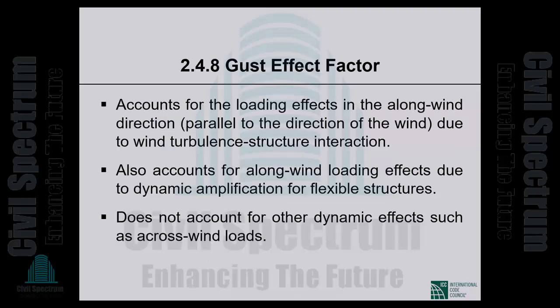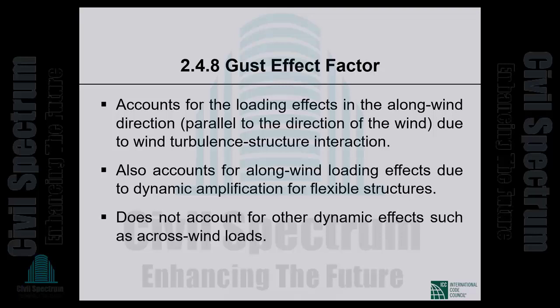It accounts for the loading effects in the along-wind direction, parallel to the direction of the wind, due to wind turbulence structure interaction. The gust effect factor also accounts for along-wind loading effects due to dynamic amplification for flexible structures. So flexible structures react more to wind than rigid structures, and that is taken into account through the gust effect factor.